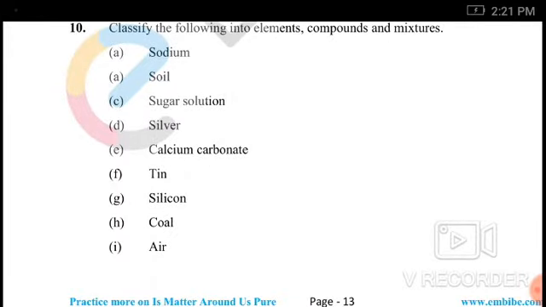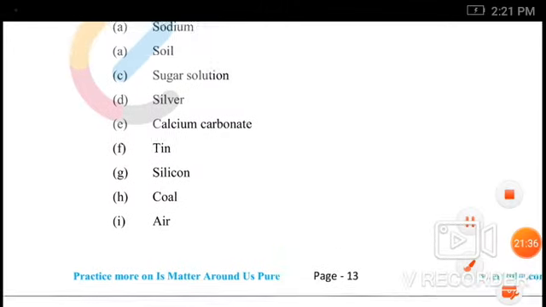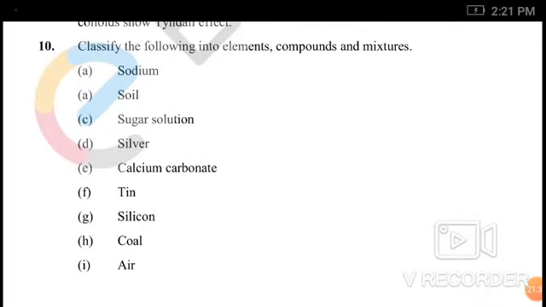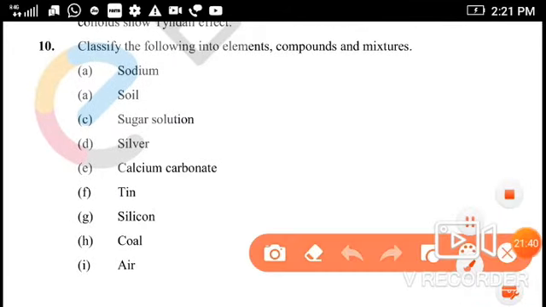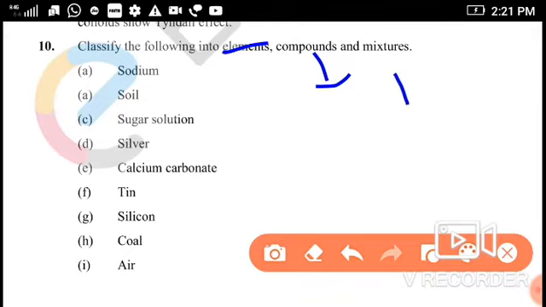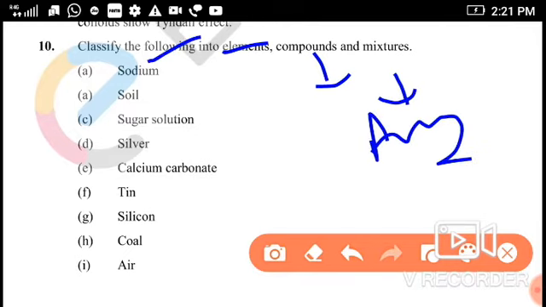Classify the following into elements, compounds and mixtures. Sodium is an element. Element means having the same atoms. Compound means two or more atoms combined in a definite ratio, but a mixture is in any ratio. Sodium is an element.